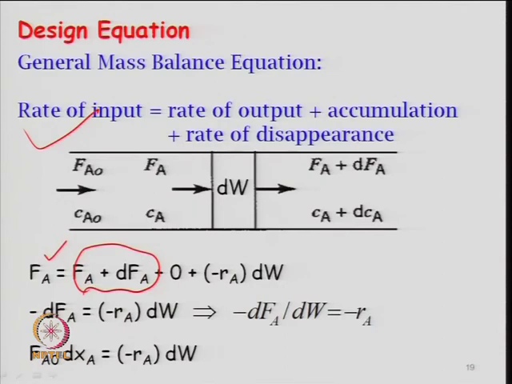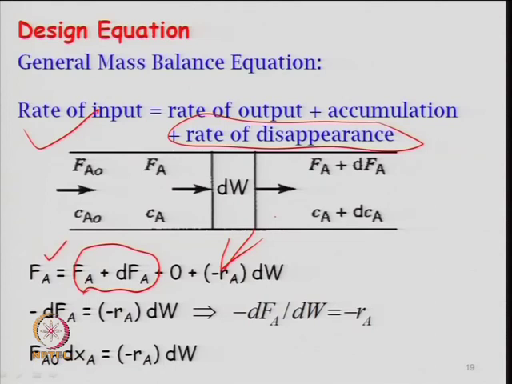So, that is 0 here, and the rate of disappearance that I have written here will depend on the rate equation, minus r_A is the disappearance, and this is defined based on per unit mass of the catalyst. Rate of reaction can be defined in many ways.